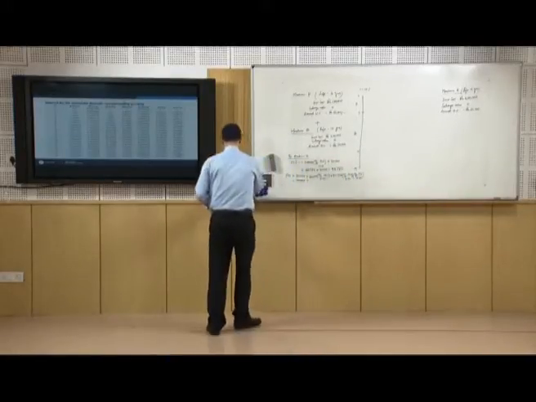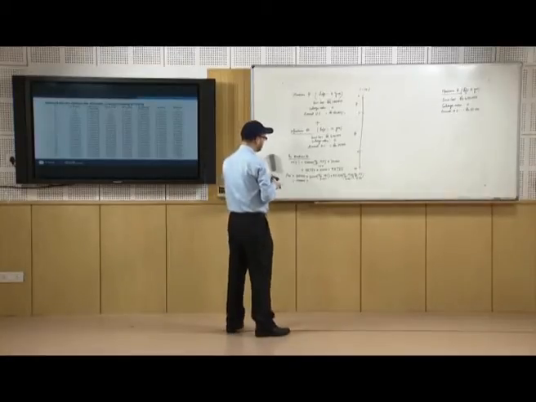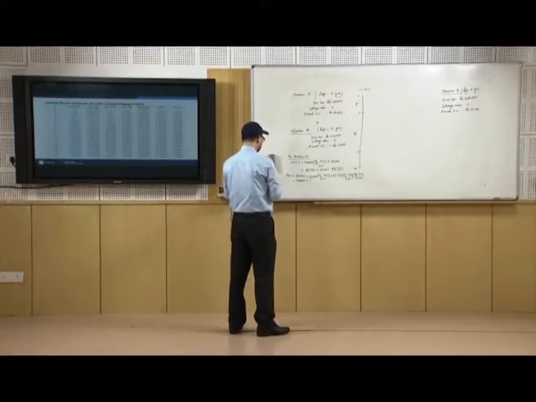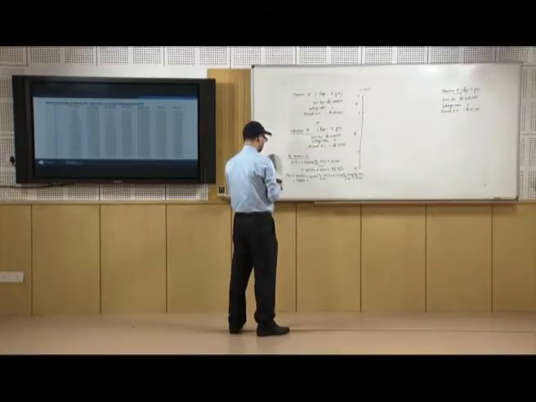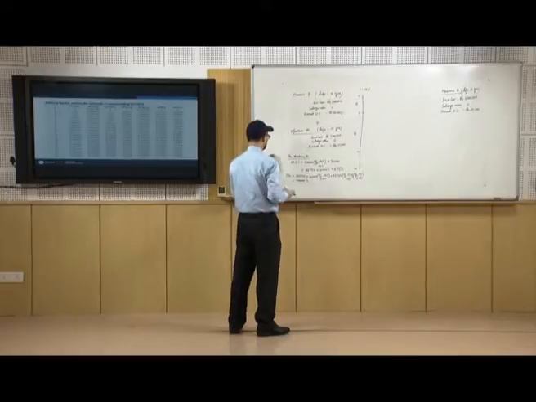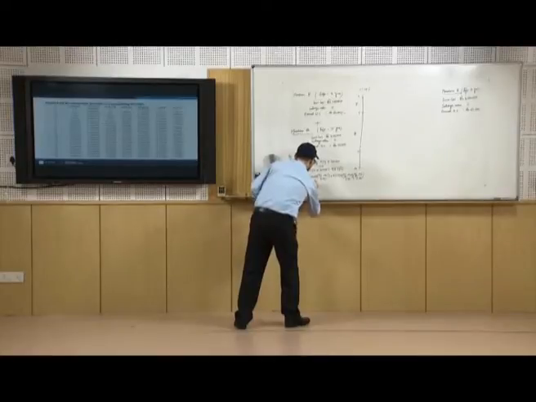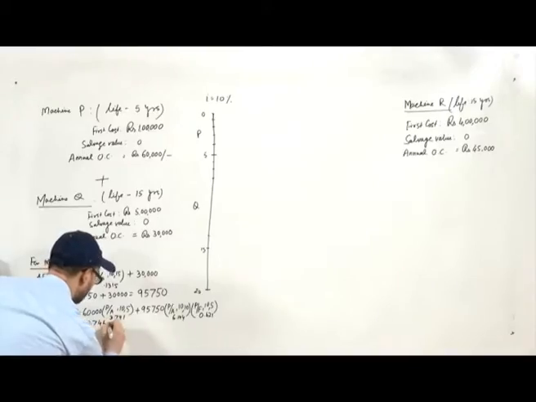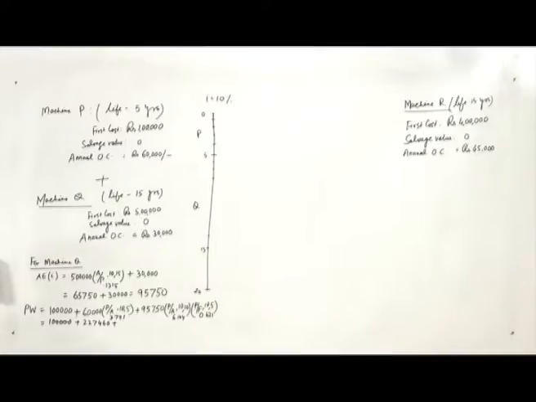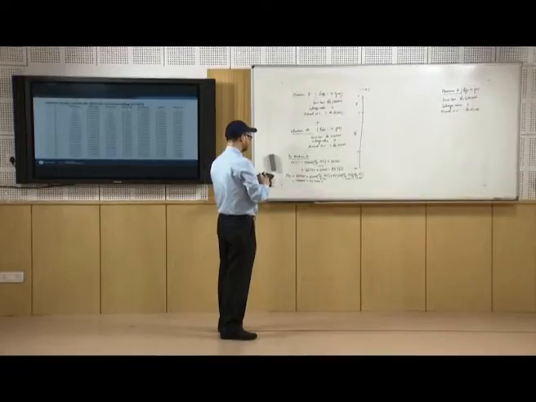Now, we will multiply 60,000 by 3.791, that is 227,460, plus 95,750 multiplied by 6.144 multiplied by 0.621.